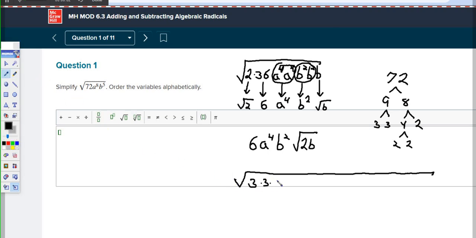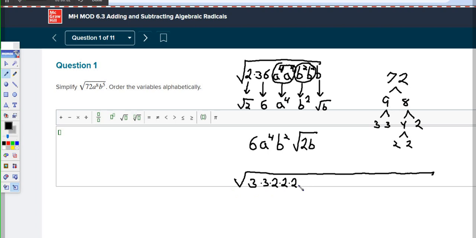Okay, times 2 times 2 times 2. That would equal 72. That's my prime factorization here. Notice 3 times 3, that's 9. 2 times 2 times 2, that's 8. 9 times 8 is 72. All right, so I broke that one down as far as I can.